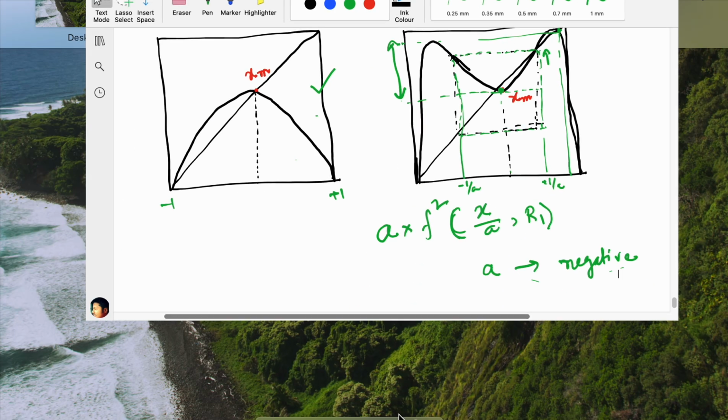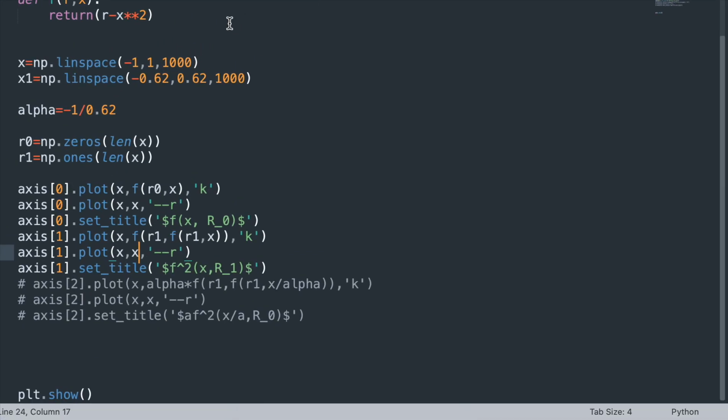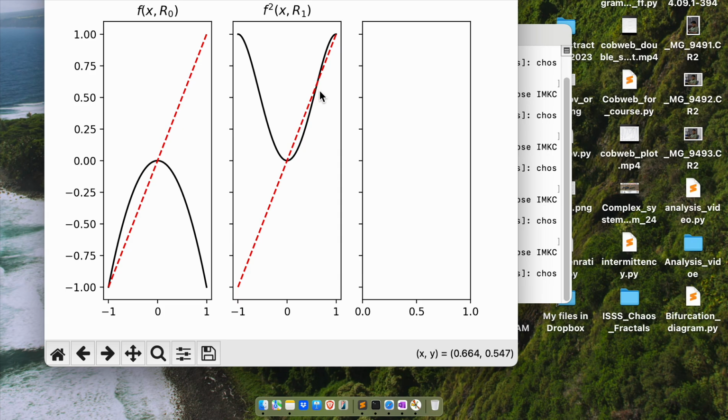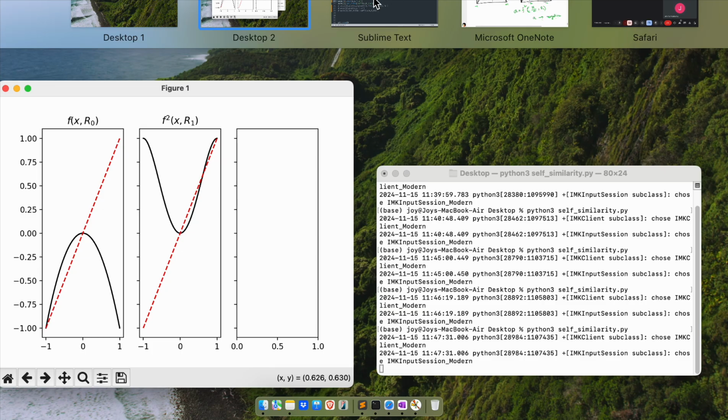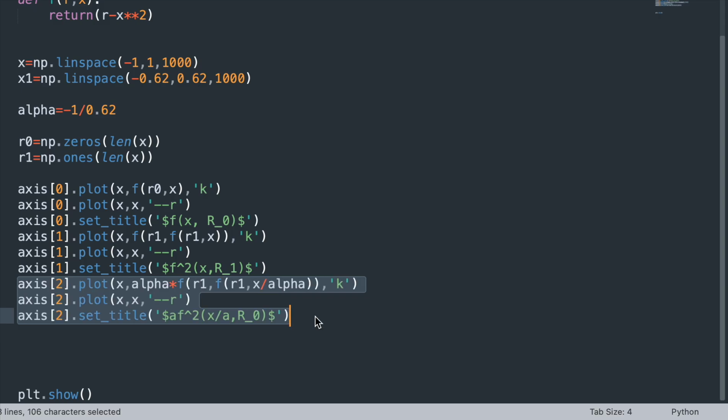So the same thing we have done here. We calculated the distance between this and this, and we found that the distance is 0.62, or something like that. Now I have taken alpha as negative 1 by 0.62.